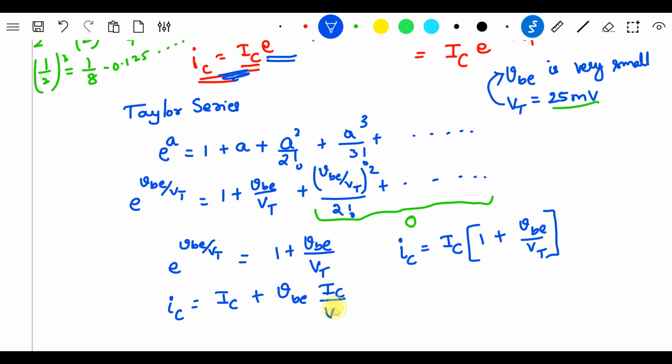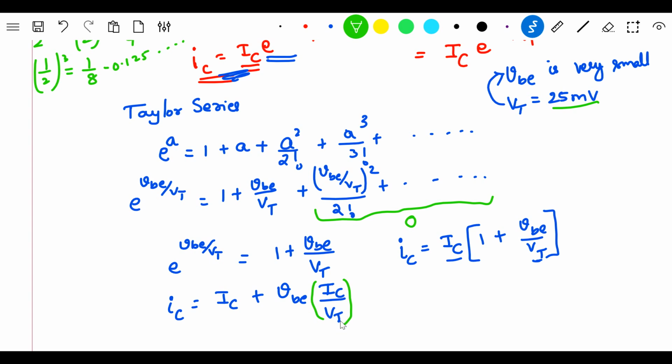If you take IC and multiply it to this term, you can write it in this way.